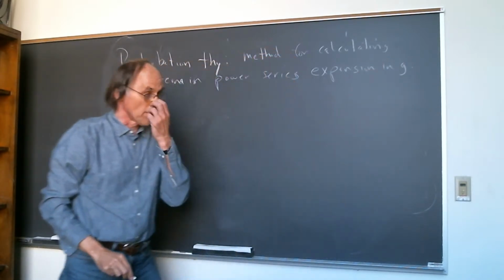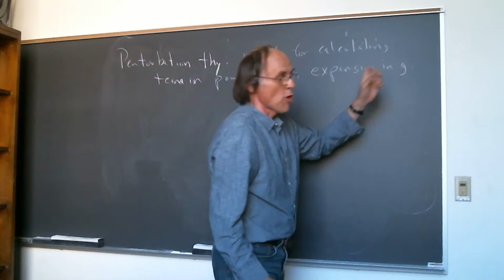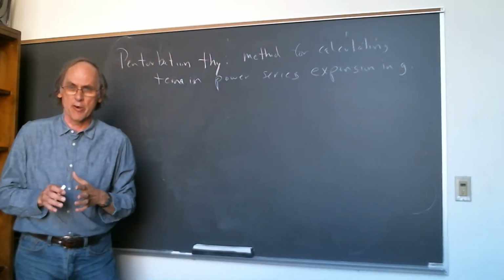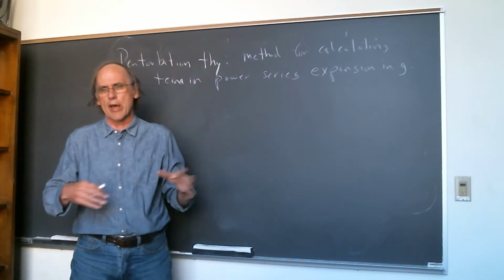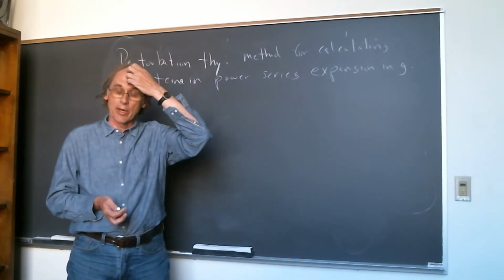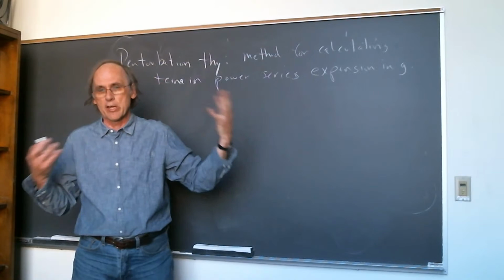Okay. So the idea is that if G is small, we can expand about G equal to 0. If G were equal to 0, then everything would be quadratic. It would be our nice decoupled oscillators. We know what to do.